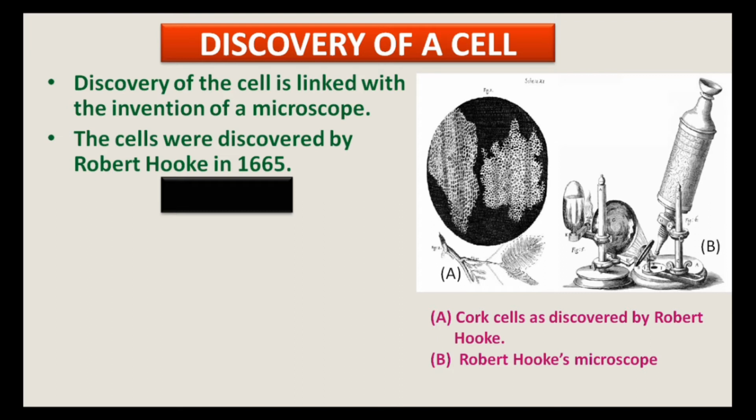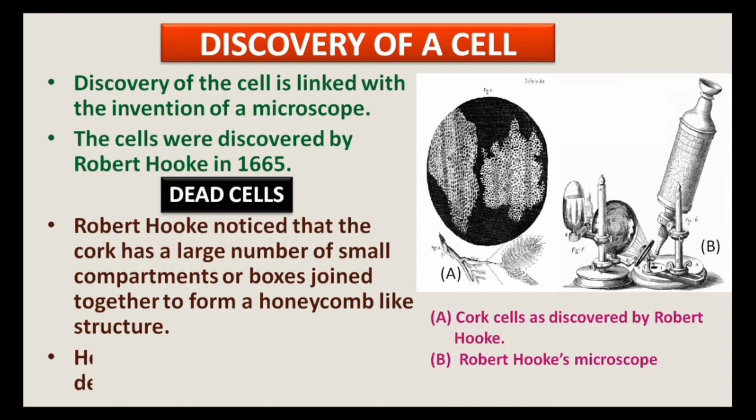Now we will study what are dead cells. Robert Hooke noticed that the cork has a large number of small compartments or boxes joined together to form a honeycomb-like structure. As you can see in the figure A, cork cells as discovered by Robert Hooke.